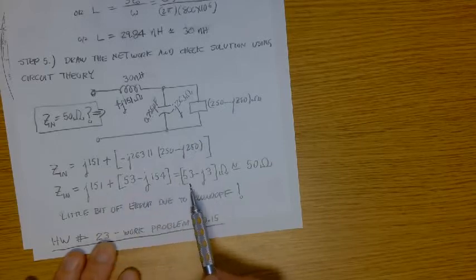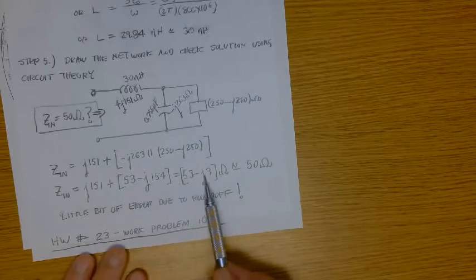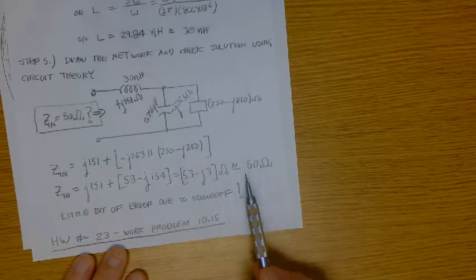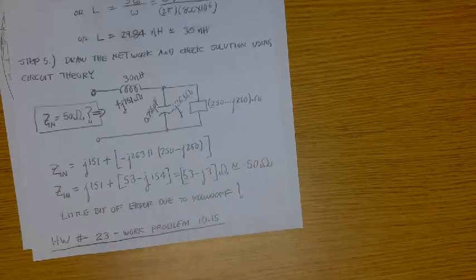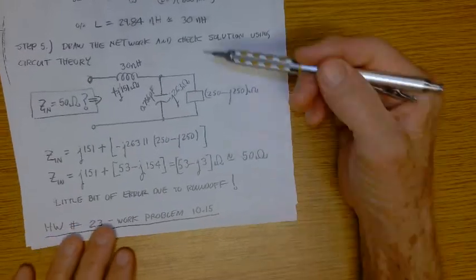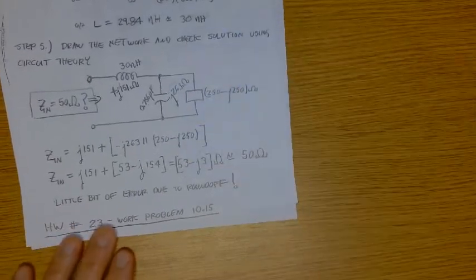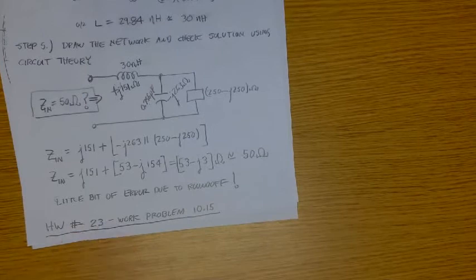So if you go through the arithmetic, you get 53 minus j3, which is about 50 ohms, and so a little bit of error due to round off. Make sure you complete this step, right? Check your work. If it doesn't work out, you made a mistake somewhere. Go back and figure it out.